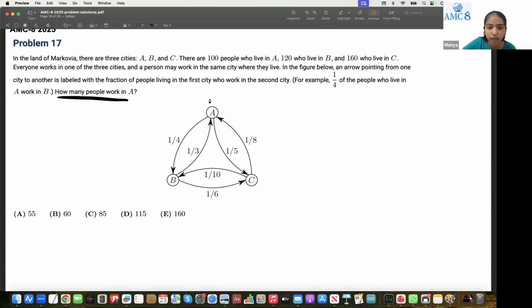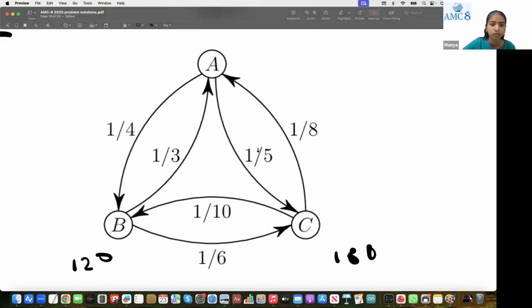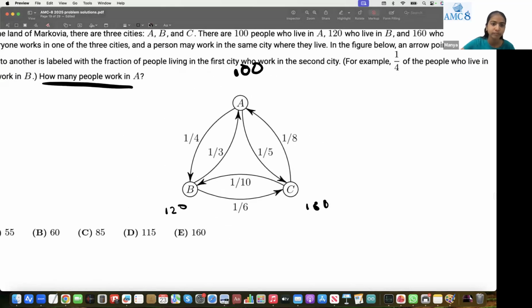So we know that there are 100 people who live in A, 120 who live in B, and 160 who live in C. So we will have to find 1/4 of 100, which gives us 25.